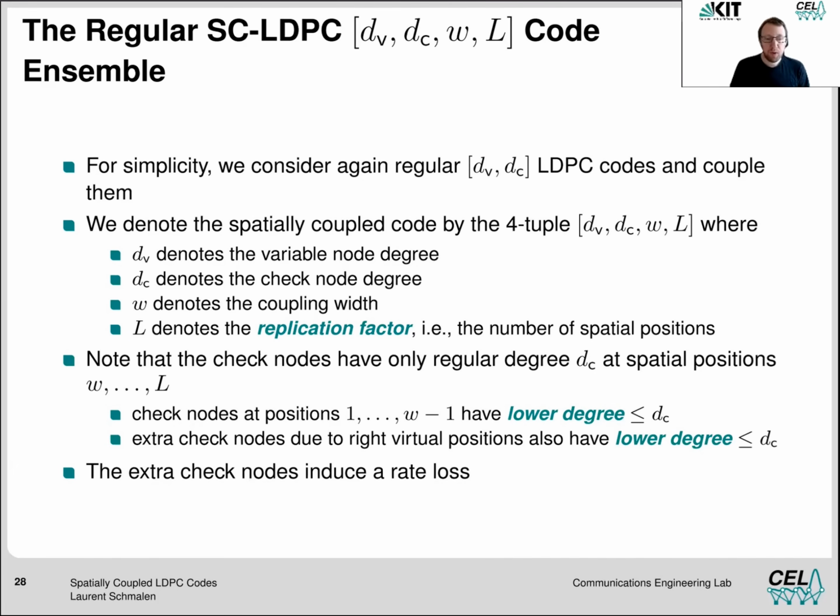What we can note is that the check nodes have regular degree only at the inner spatial positions. At the outermost positions, they have a slightly lower degree because we have these connections to the virtual positions that we have removed. And we have extra check nodes, which also have a lower degree, and they will induce a rate loss.